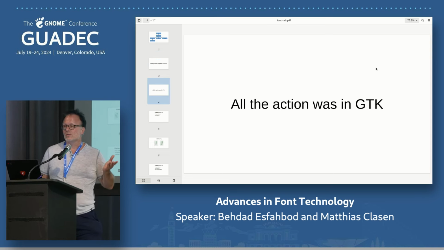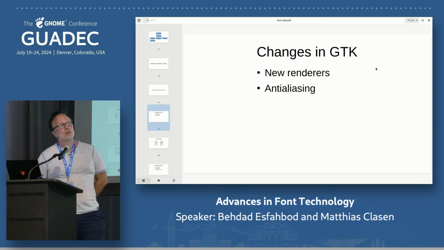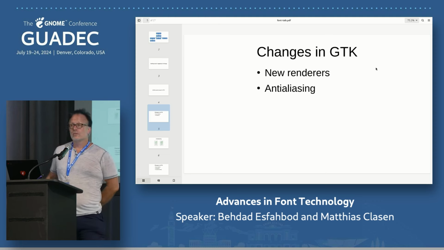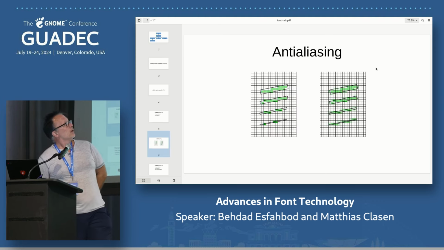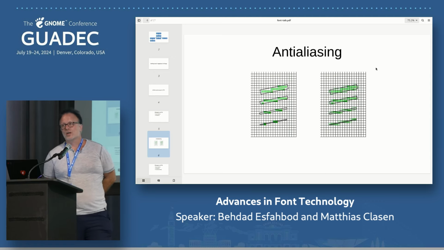But all the action was on the GTK side, actually. If you were at my talk yesterday, you heard me talk about the new renderers that we've introduced and the fact that they are doing anti-aliasing in a better way than we did before. I wanted to, as I said, just show pictures here. So this is a quick illustration of why anti-aliasing is important.